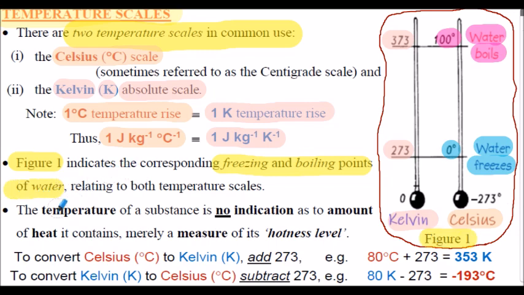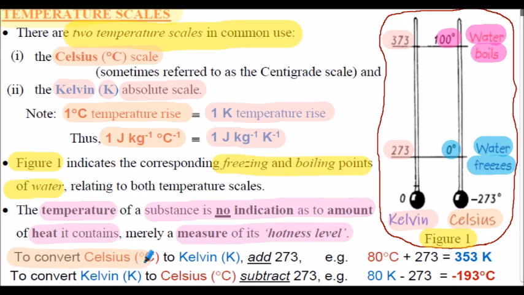Now, as we already know from previous work, the temperature of a substance is no indication as to the amount of heat or heat energy it contains. Temperature is merely a measure of the hotness level. And just note for conversions, to convert from degree C to Kelvin K, we add 273 to our degree C temperature.